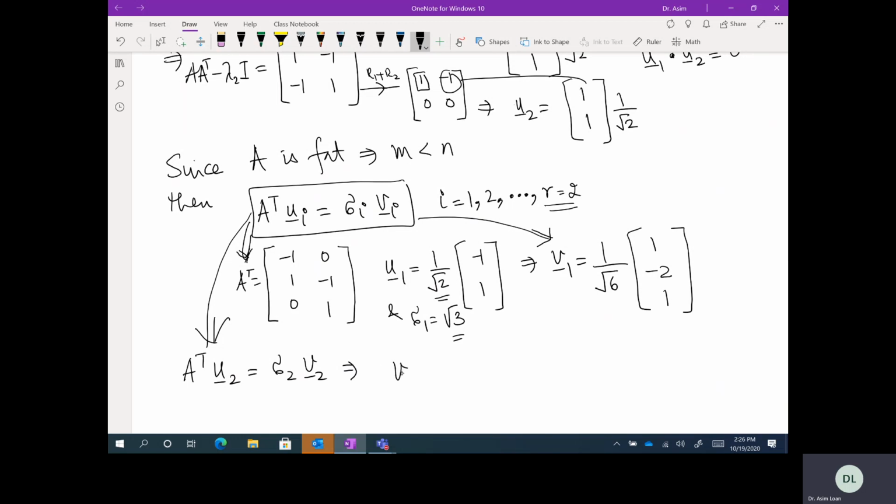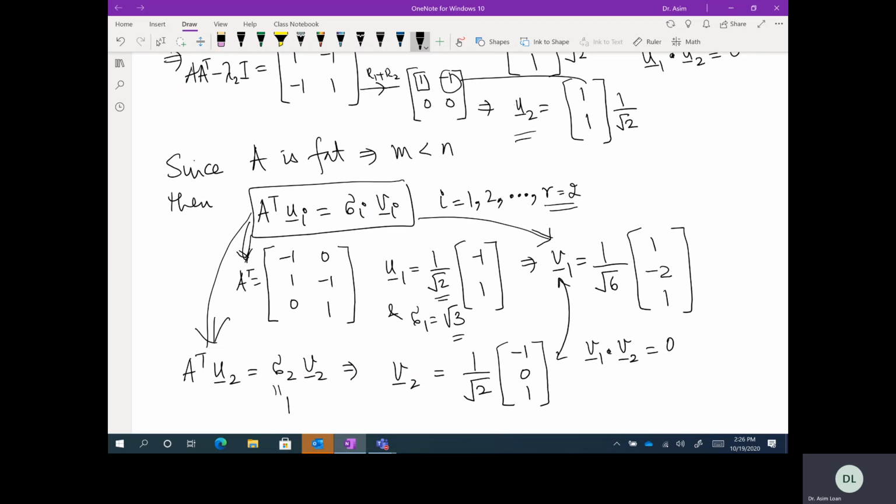Sigma 2 is 1, this is 1, and this implies V2 is equal to 1 over root 2 and I simply add the two columns. So if I add two columns, I'll get minus 1, 0, and 1. And if you check these two columns, V1 dot V2, this is 0, right? So minus 1 plus 1, this is 0.